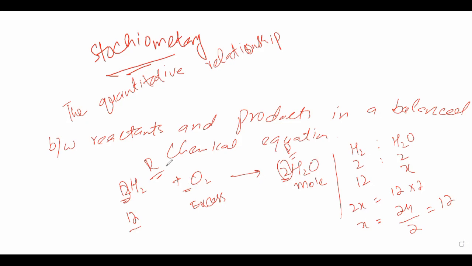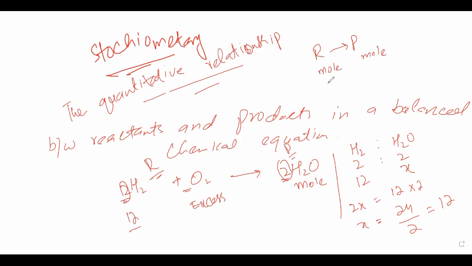I would definitely explain it once more: stoichiometry is the quantitative relationship in which from the reactants to products we can find something. We know the moles of this, we can find the moles of this.